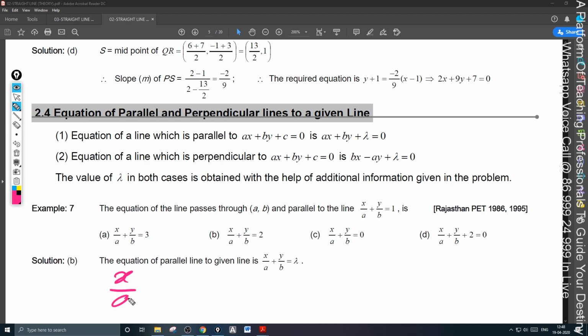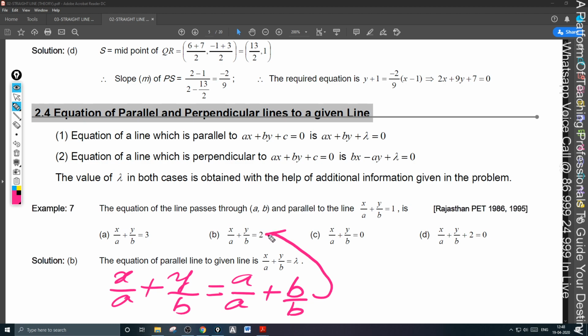Always for the parallel line, the x coefficient and y coefficient will not change. You write the same. To write the constant, substitute the point: a by a plus b by b. It is 1 plus 1, 2. So the answer is B. Simple. Very simple.